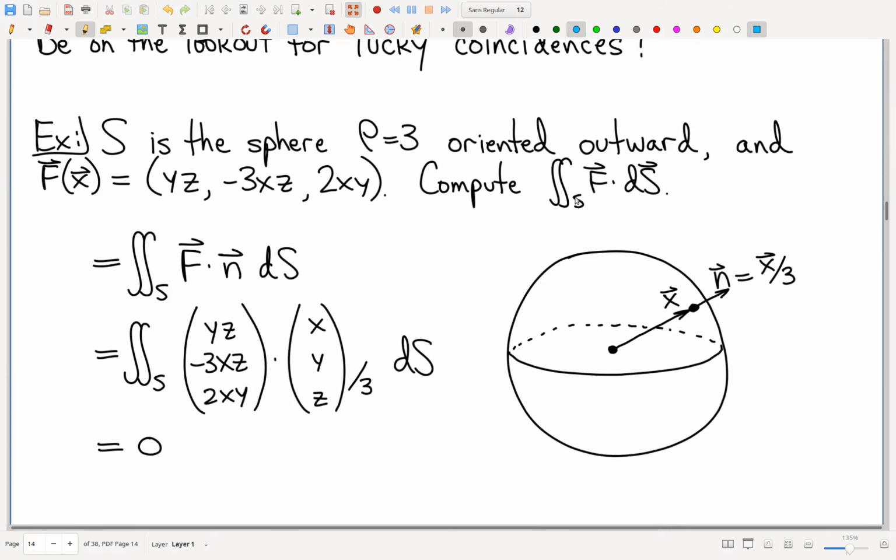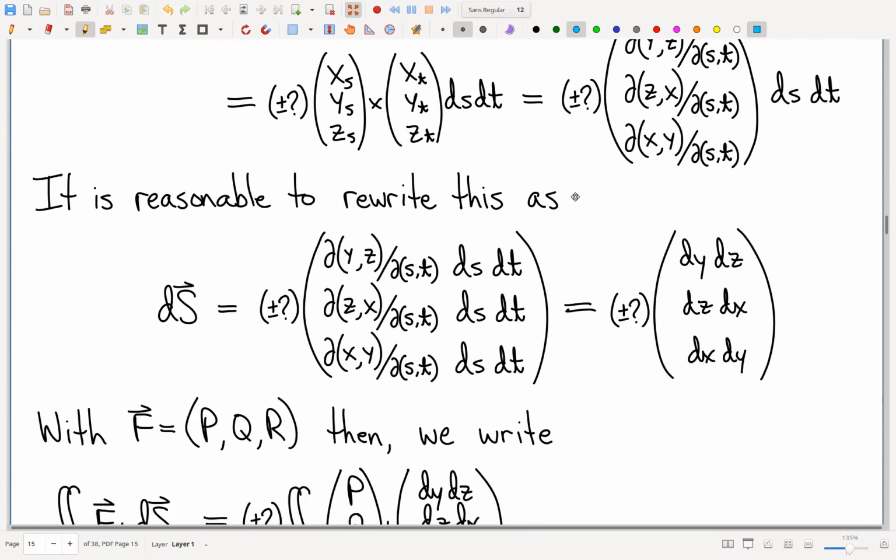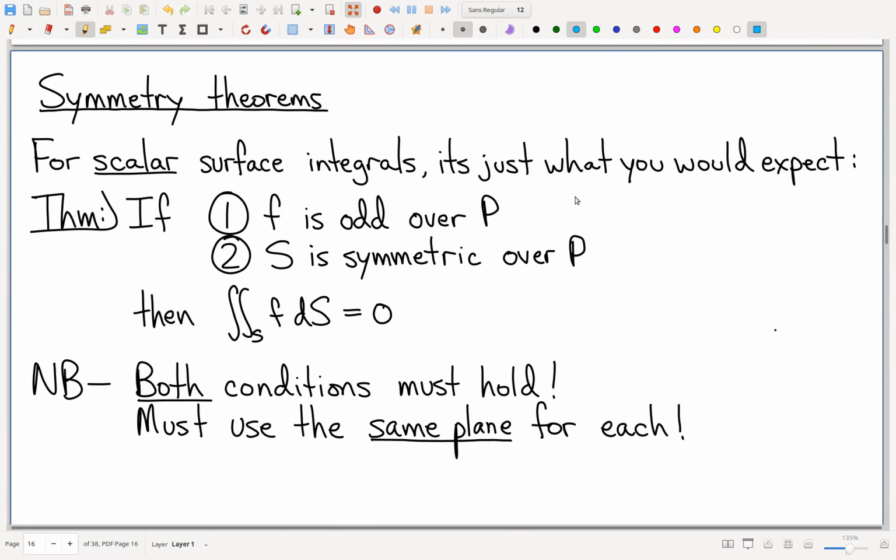I hope you're noticing that the ideas we can use for surface integrals, even though they have totally different physical motivations and totally different geometric contexts, have a lot of analogies between line integrals and surface integrals. And we're going to hit that point again in just a minute.